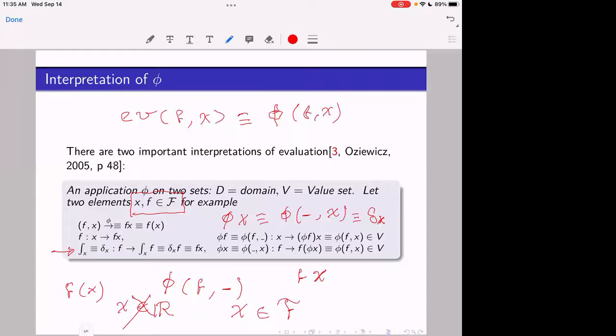This is equivalent to a composition of two elements that are both morphisms in the set category. Then that was the idea of using X here.